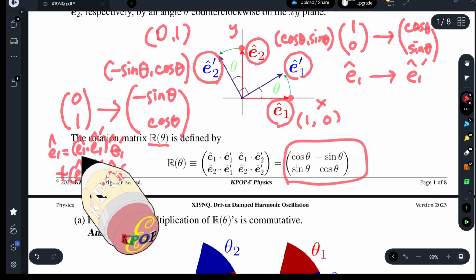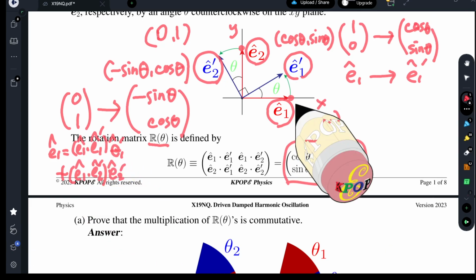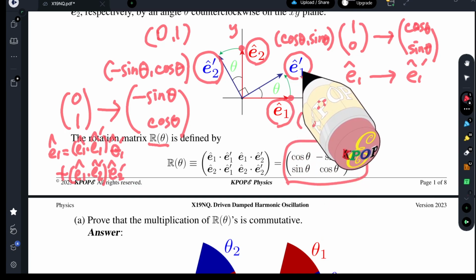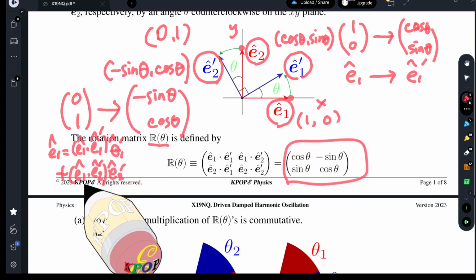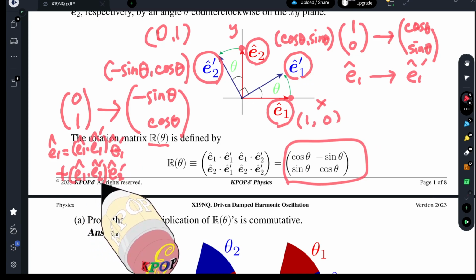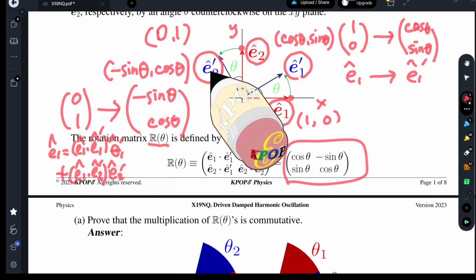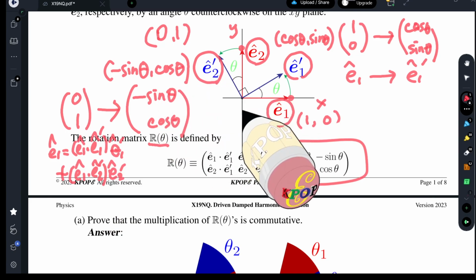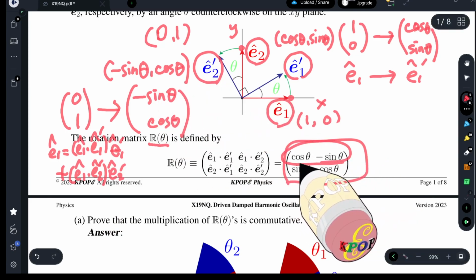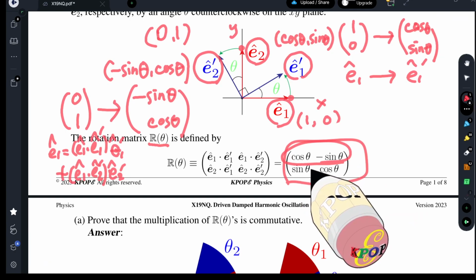And we find the scalar product between E1 and E1 prime, this is cosine theta, and E1 and E2 prime, that is minus sine theta. So we can obtain the first row of this rotation matrix.